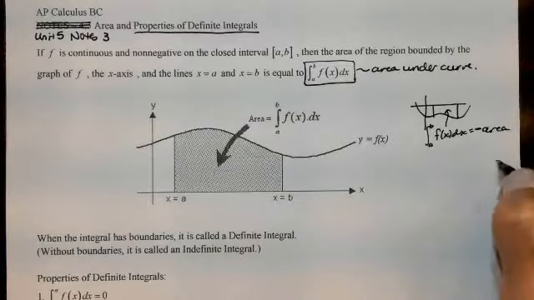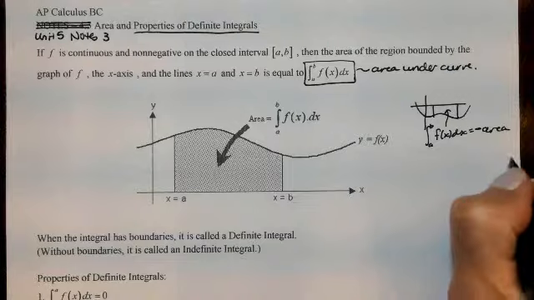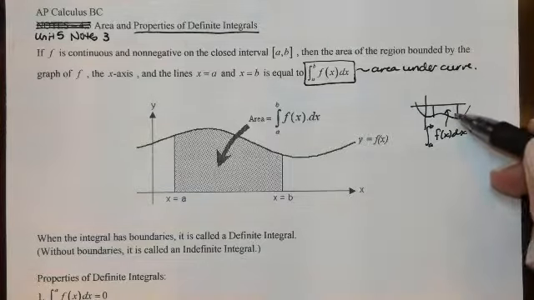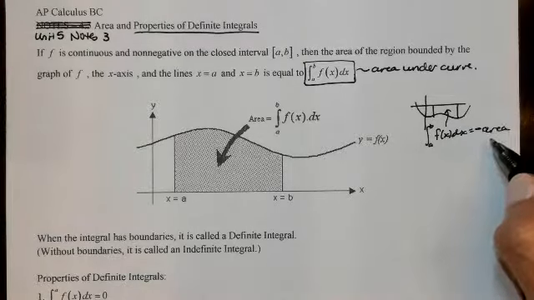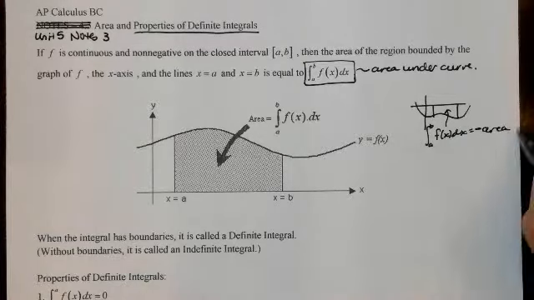Area is always positive, always, okay? So if the curve is below the x-axis, the integral will be a negative number. It'll be the negative value of the area, okay?